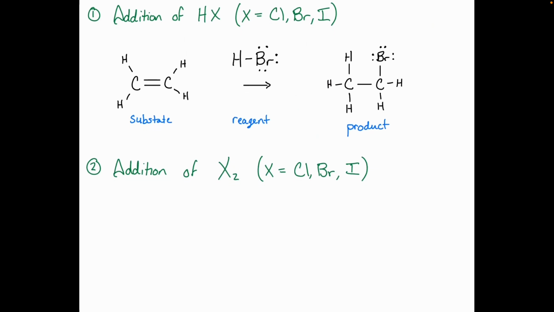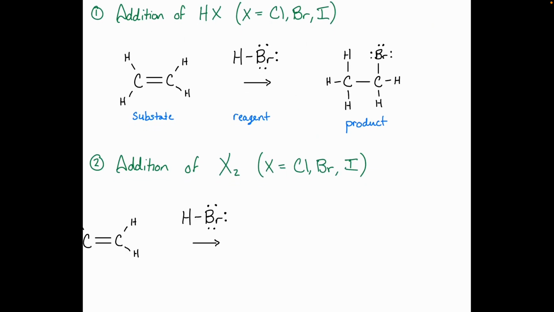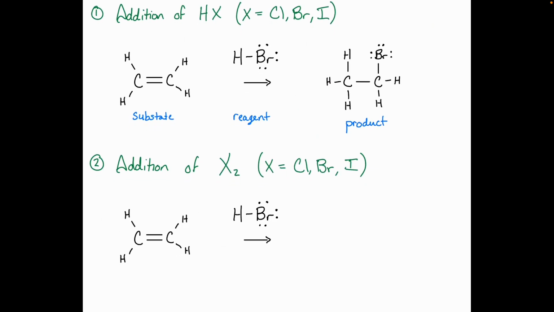Okay, so again, just to illustrate this, now we have not a hydrohalogen, but diatomic bromine. All right, everybody take a second and predict the product of this reaction for me.